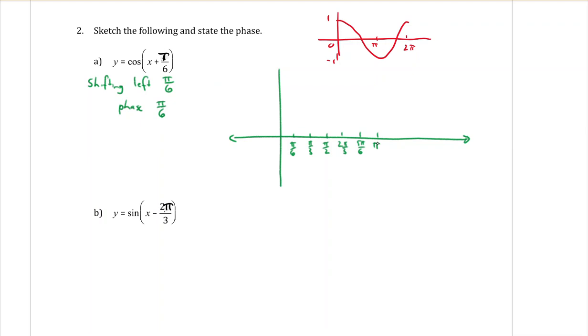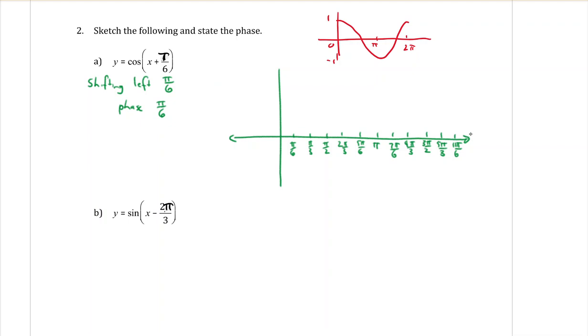All right, keep going. Next one is 7 pi over 6. 8 pi over 6 is going to be 4 pi over 3. 9 pi over 6, well that simplifies too, 3 pi over 2. 10 pi over 6 is 5 pi over 3. 11 doesn't simplify, so that's good.